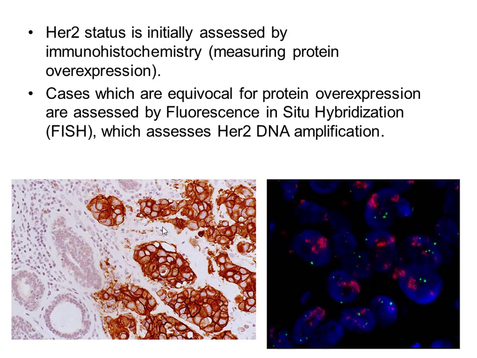If we have 2+, it's moderate, when we're not sure if it is positive or negative. And in this case, only in situ hybridization can help us because we must find the initial gene mutation.